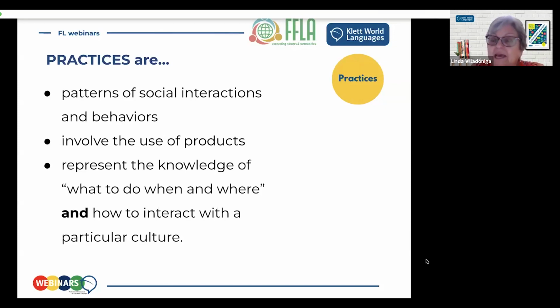Another practice that is harder, I think, probably for kids to get is how to interact with a particular culture. And I think that's true of adults as well. When we visit another country, we tend to be a little more introverted, a little more cautious, because we don't want to step on anyone's toes.